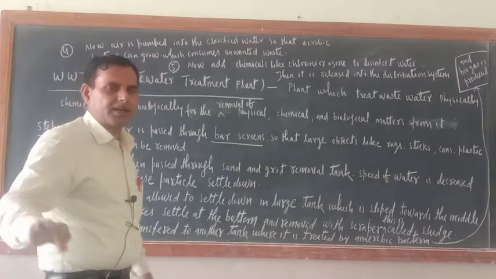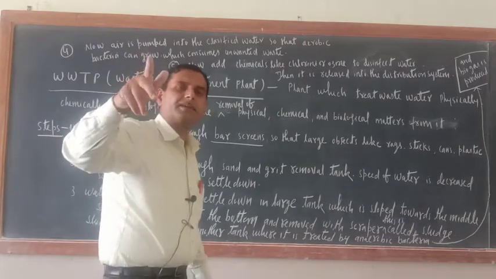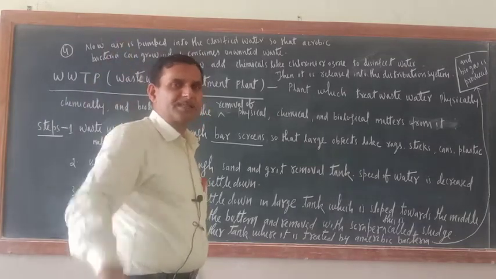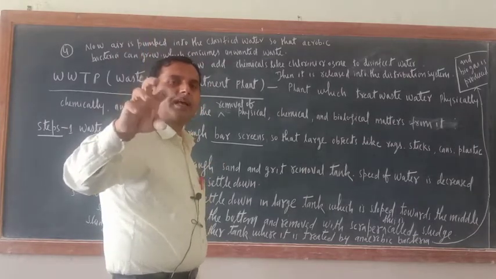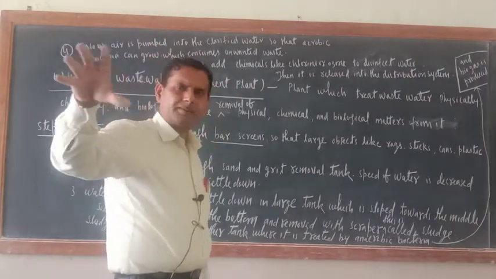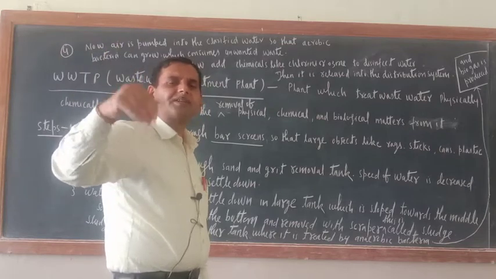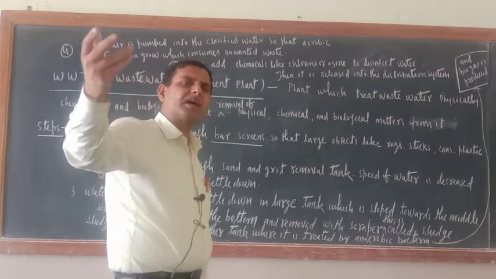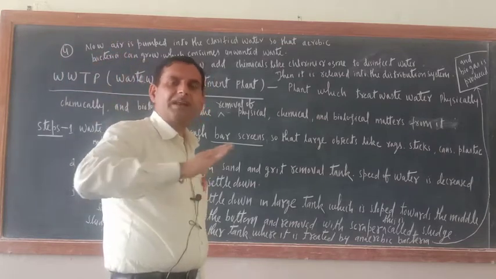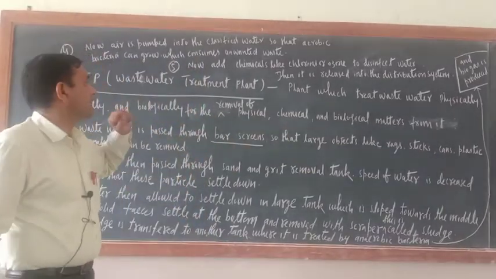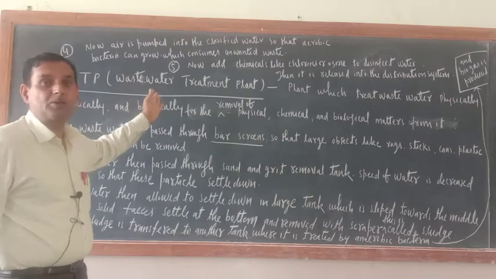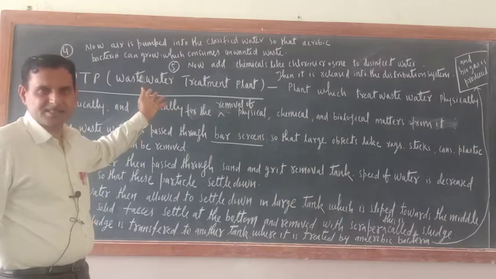Some unwanted pollutants are still in the water, like human waste, human feces and some other things. When aerobic bacteria grow there, they will consume those unwanted materials.